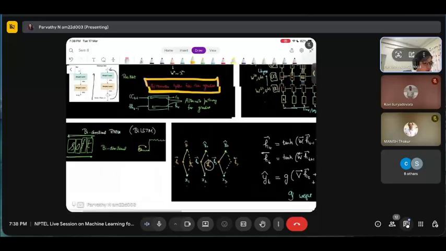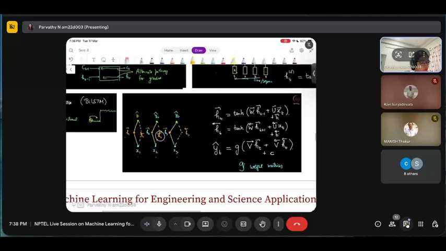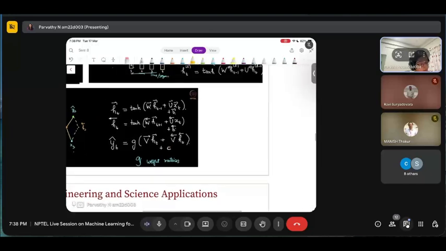And bidirectional RNN is where, instead of just focusing on the past, you also focus on the future. So just like before, where we had W and ht minus 1 for the past, you will have W and ht plus 1 for the future.